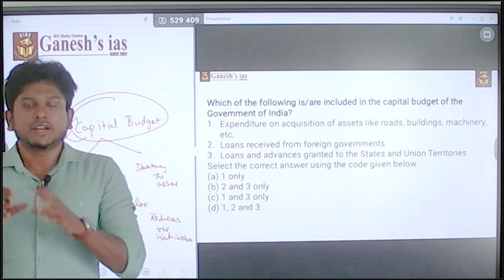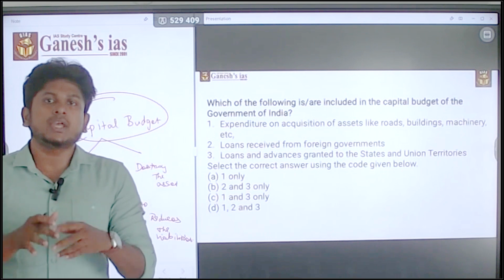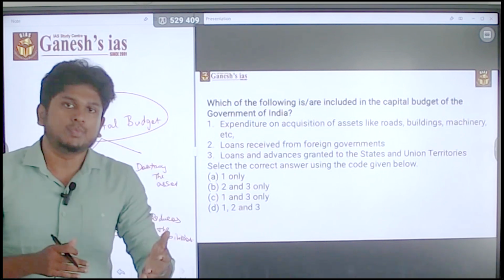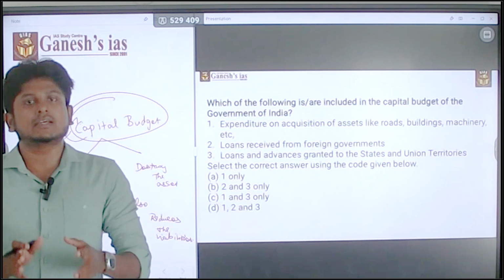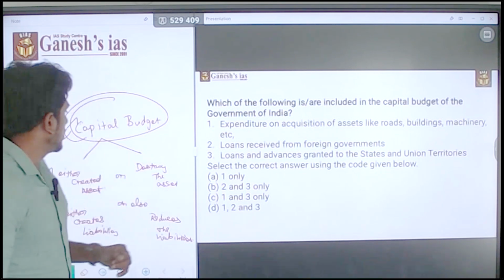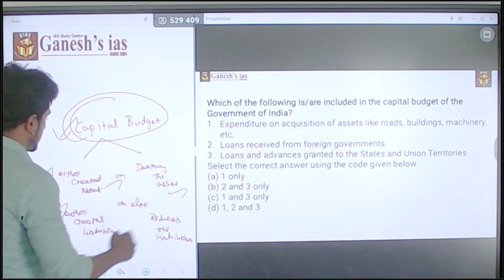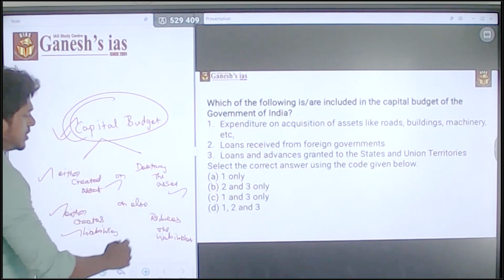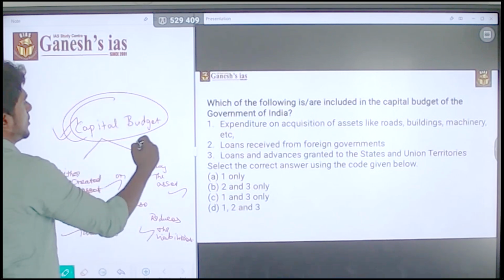Next, a government comes into play and repays that amount, which means that is reducing the liabilities. So that is also called the capital budget. Capital budget is all about either creating or destroying the asset, or creating or reducing the liabilities.